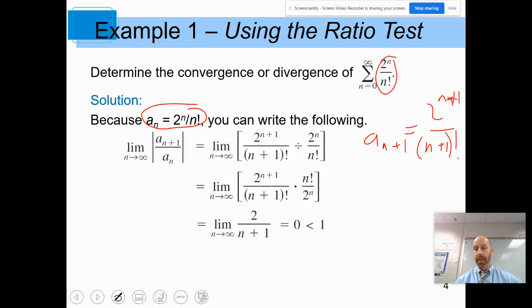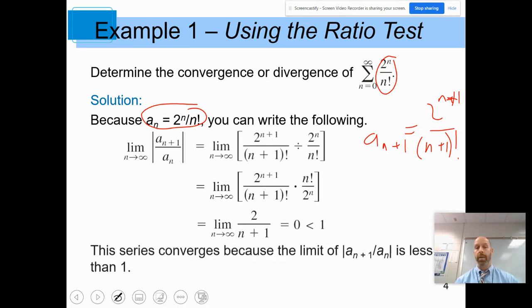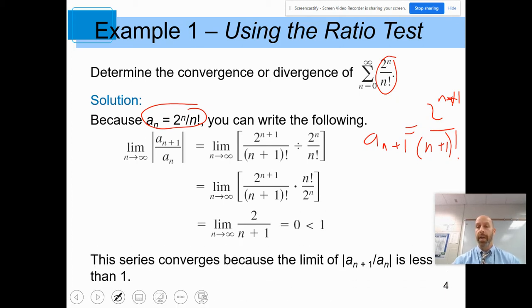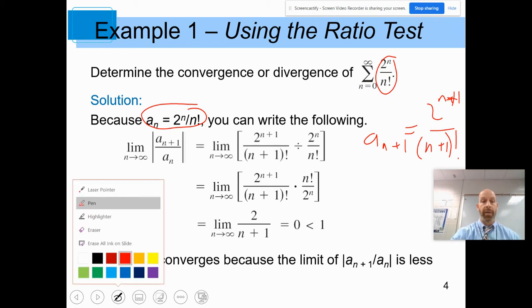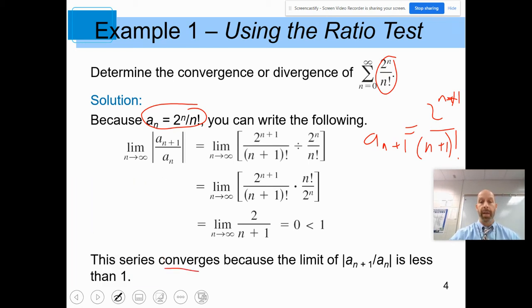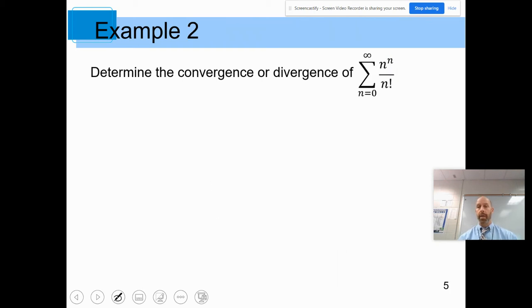Clearly that is equal to 0, which is less than 1. Therefore, this series converges, because based on our last slide, if this limit is less than 1, then it will converge. That's the ratio test.